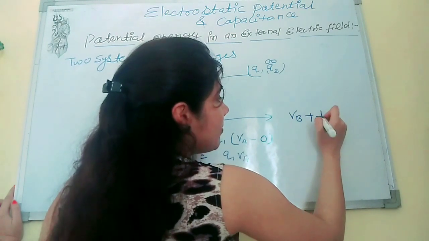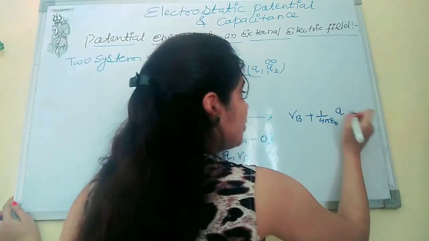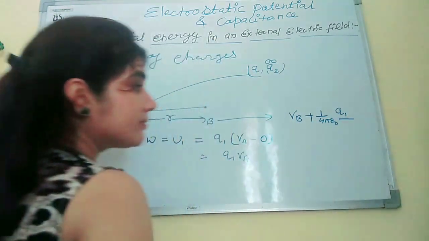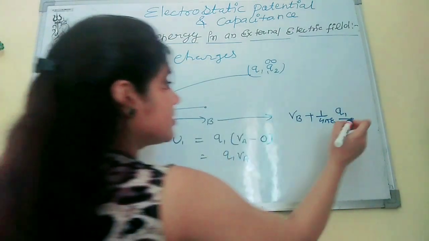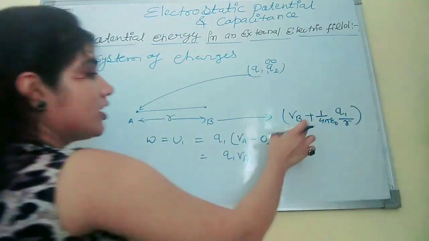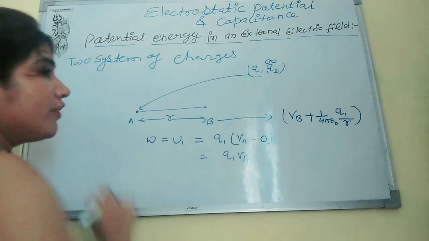That will be 1 by 4 pi epsilon naught, Q1 because of the Q1 charge, upon the distance R. So this is the combined potential at position B because of A.